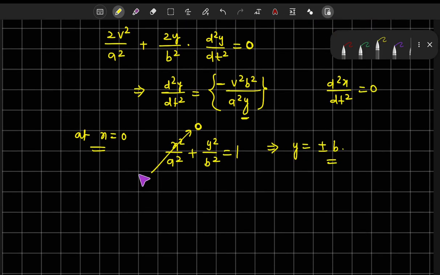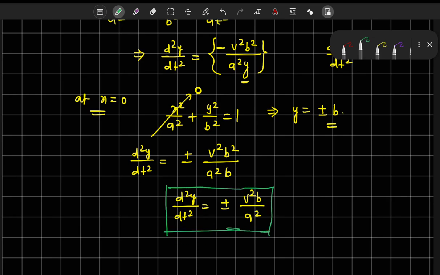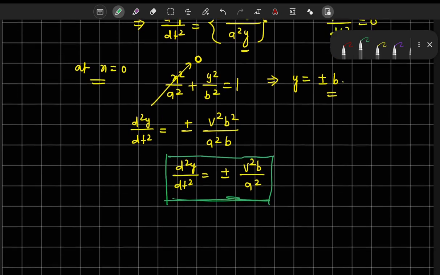So basically the value of d square y upon dt square we can get as plus minus v square b square upon a square into b. So we can write d square y upon dt square is equal to plus minus v square b upon a square. So this is the expression of d square y upon dt square we got.